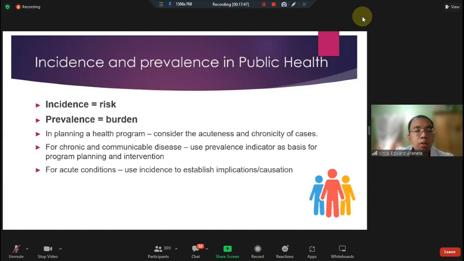But for acute conditions, use incidence to establish implications or causation. So this is also important to take note of. Who knows, there might be a question related to this. Of course, for chronic diseases like hypertension and diabetes, you can use prevalence as the indicator. But for example, for acute respiratory infections, you can use incidence to establish implications or causation.